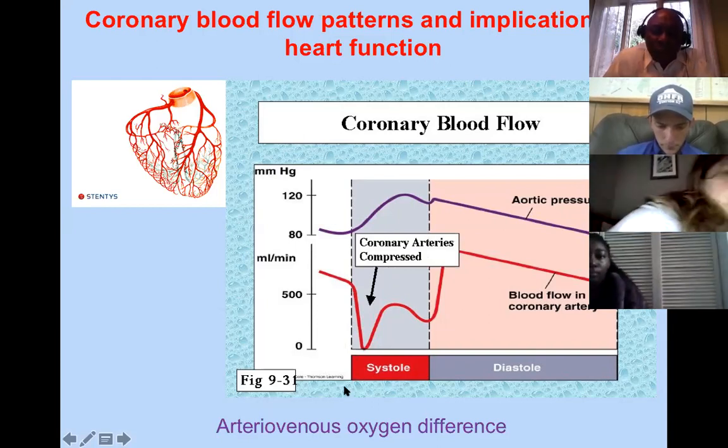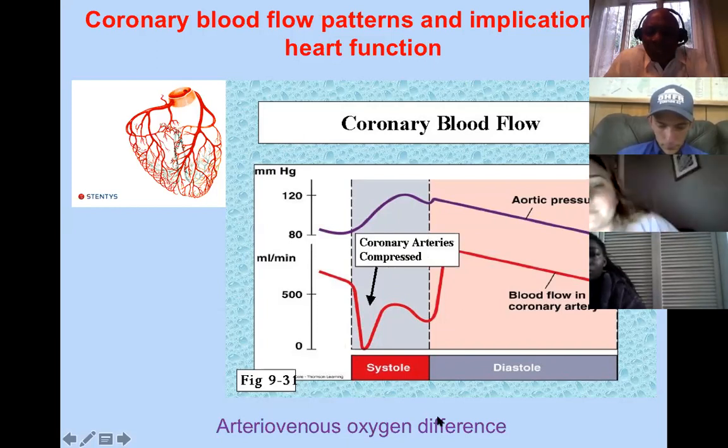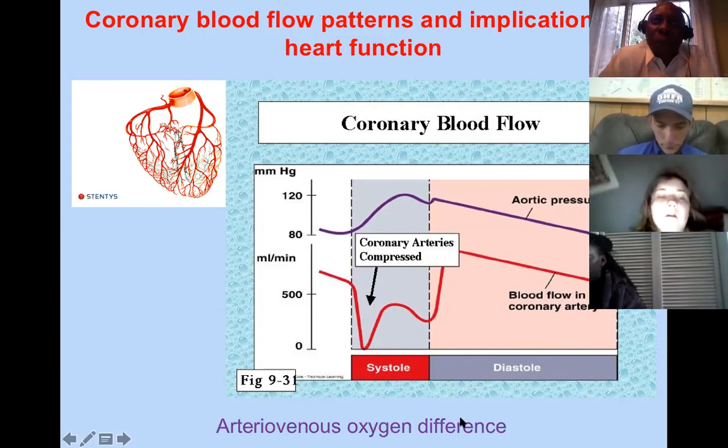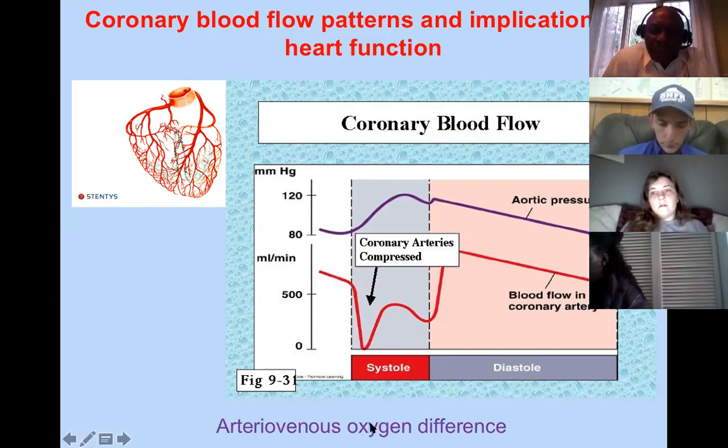And so this is what we call the arteriovenous oxygen difference, a mouthful term which will be made clear. Essentially, the difference in oxygen content between the arterial portion of the coronary and the venous portion of the coronary.